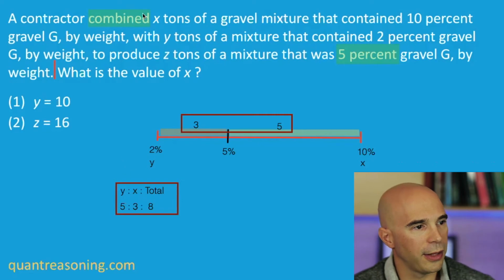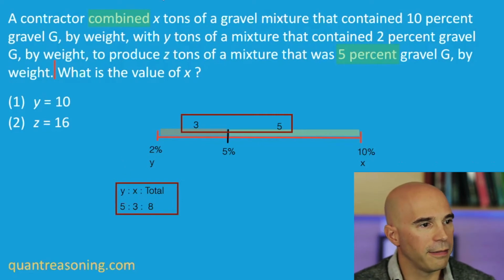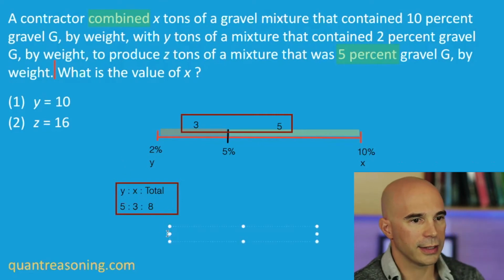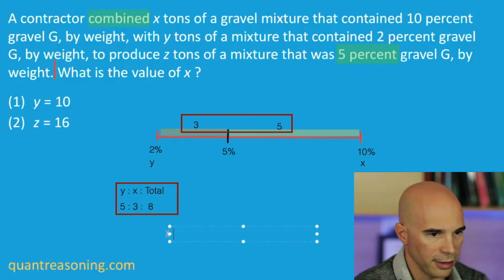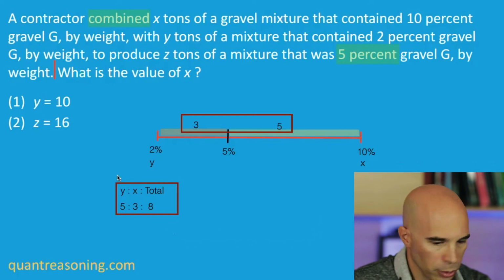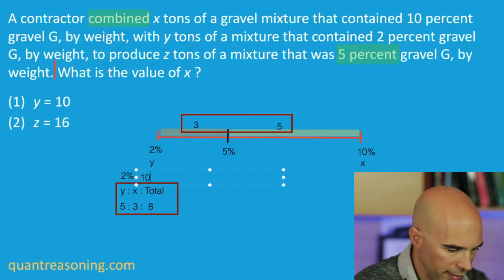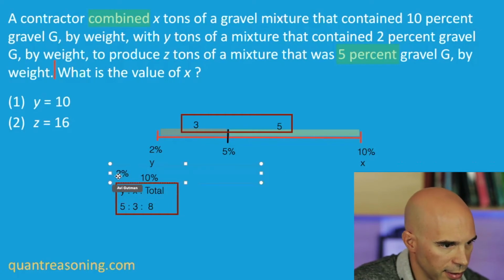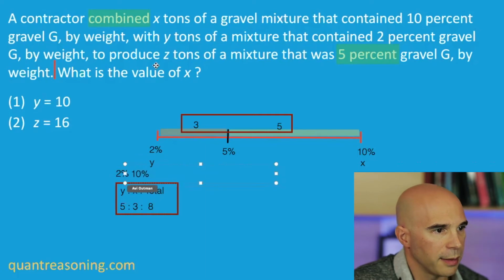So we can now say things like, there are 5/3 as many tons of the 2% gravel as there is of the 10% gravel. Let me put more titles here. The Y is the 2% gravel and the X is the 10% gravel. This is what I'll call the types of material. There's the 2% gravel and there's 10% gravel.